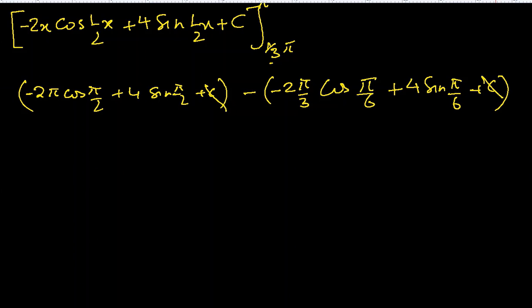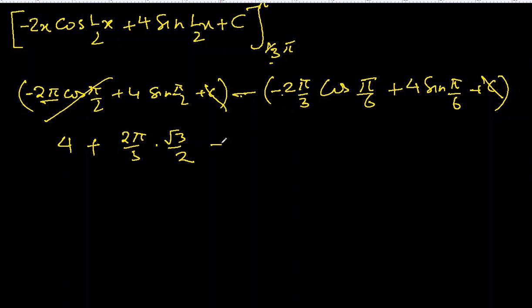So let's clear up c first, because one will be positive and one negative, they're gone. 2 pi cos pi by 2 is 0, so this becomes 0, don't write it. 4 sine pi by 2 is 1, just 4, minus 2 pi by 3 cos pi by 6, which is square root 3 over 2. So this minus becomes positive, 2 pi by 3 and square root 3 over 2.